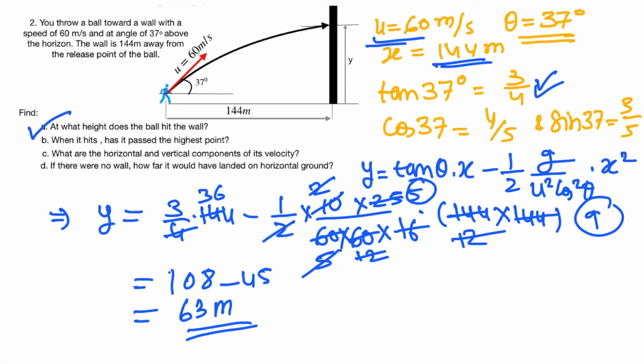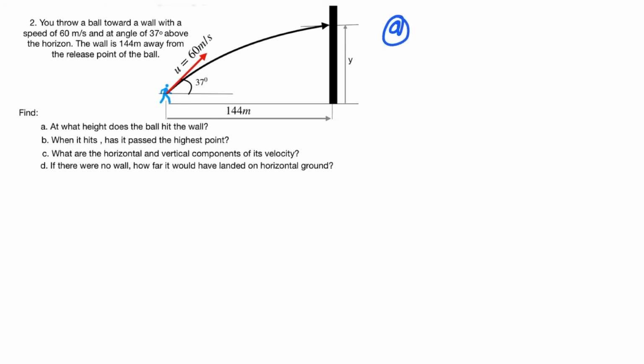Now we have to find out if the ball has passed the highest point during its projection before hitting the wall. For that, we have to find the two different instants when the ball is at the same height during its projectile motion. From part A, we know the height of the ball is 63 meter from the ground when it hits the wall.